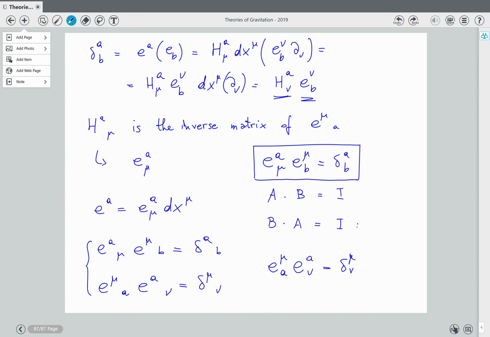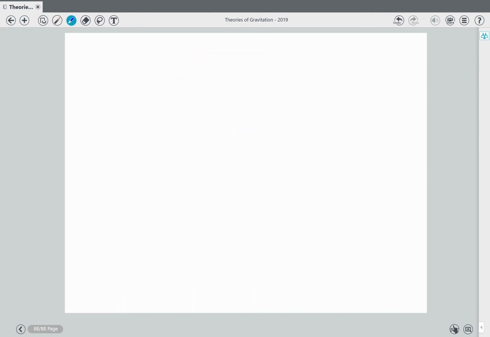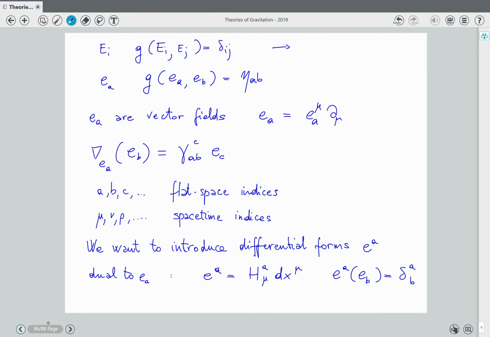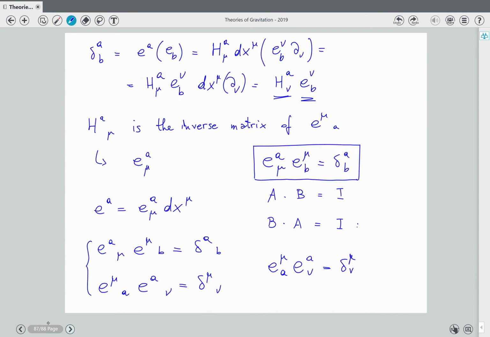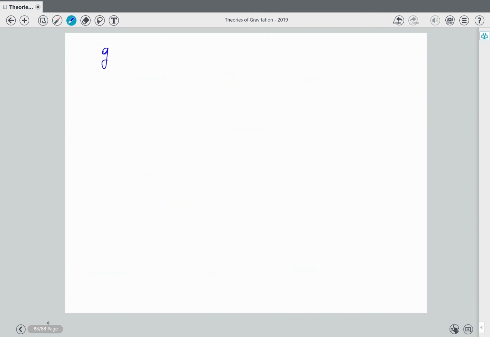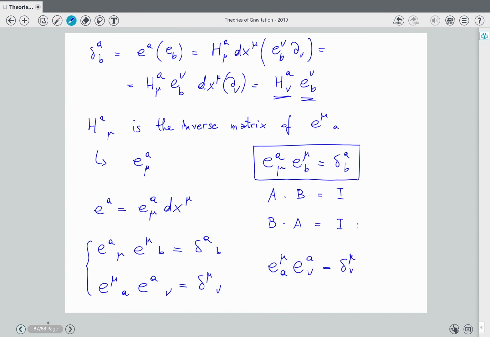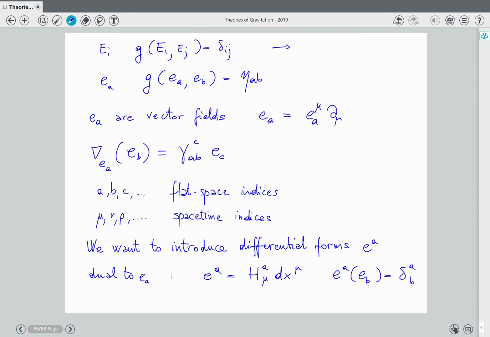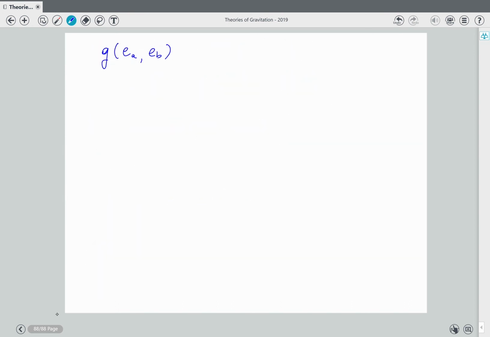Then another identity we can use, we have it already, it is this one. G EA EB is eta AB. Let's see what we get from that. G EA EB is eta AB.